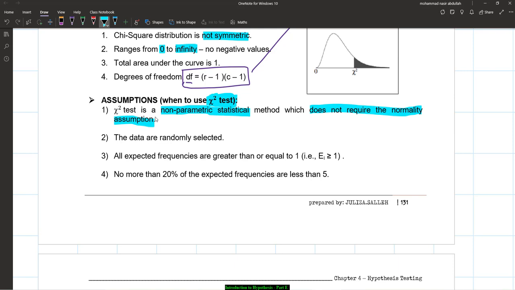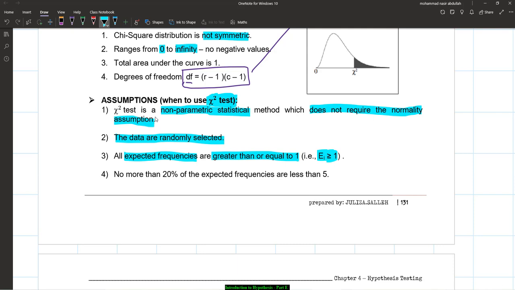It's not symmetrical. It's a skewed distribution. The data should be randomly selected. This is the second assumption. All the expected frequencies, or expected values, must be greater than or equal to 1.